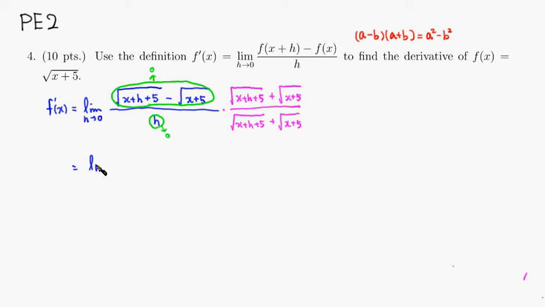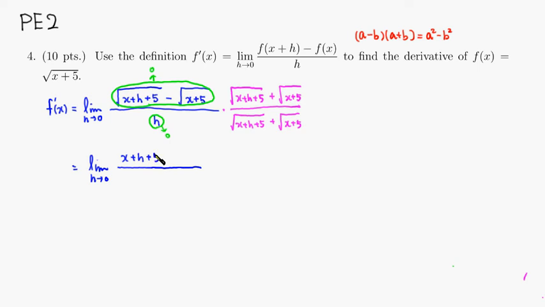So you have the limit as h approaches 0. On top you have this a minus b times a plus b form. So a squared, the square root is gone, so you have x plus h plus 5.